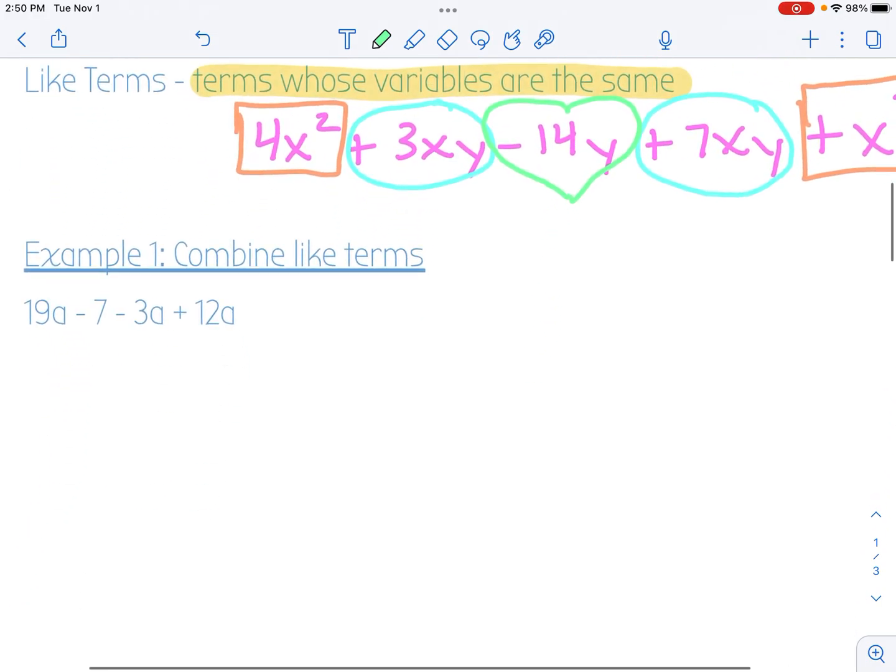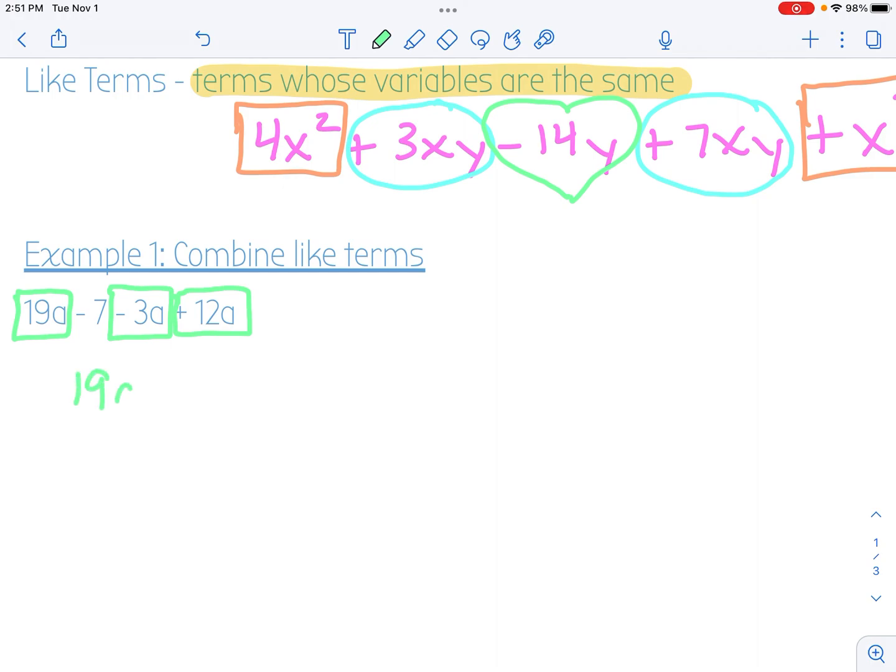So let's do an example of combining like terms. 19a minus 7 minus 3a plus 12a. So first things first, I have this positive 19a. I know I can combine that, or a like term would also be the minus 3a, and then also the positive 12a. So to group those together, I'm going to write out 19a minus 3a, plus 12a.